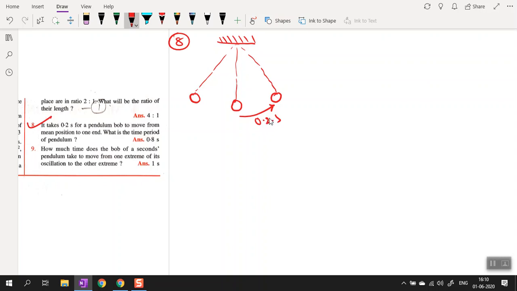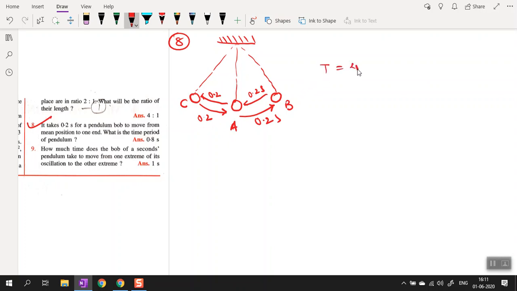So time period is the time taken to complete one full vibration. The journey has started from position A. This is position A, this is position B, and this is position C. We have to calculate the time for the pendulum to come back to position A. So this is 0.2 seconds, again it comes back to A in 0.2 seconds, the same time, again goes to C in 0.2 seconds, and again comes back to A in 0.2 seconds. So how much time does it take to come back to its original position? 4 times 0.2 seconds.